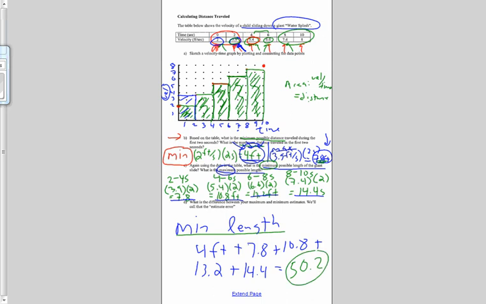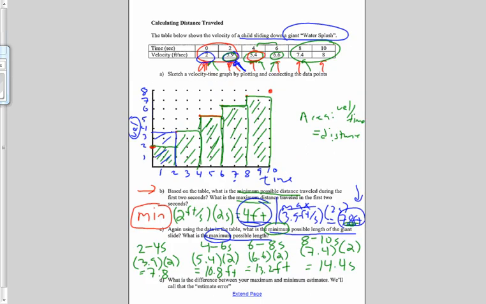Now what we want to do is get a maximum possible length. Basically we're going to do the same thing and look at each of these 2-second intervals, but choose the maximum velocity. So I'm going to look at a different page here. In finding the maximum lengths, what we're going to need to do is, like I said, choose the maximum values.